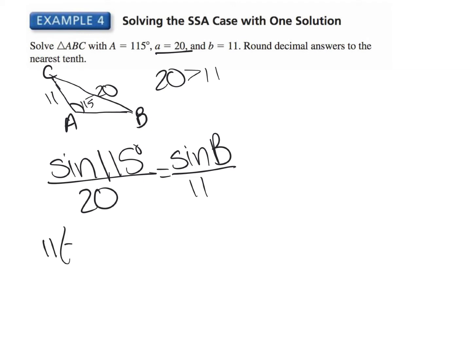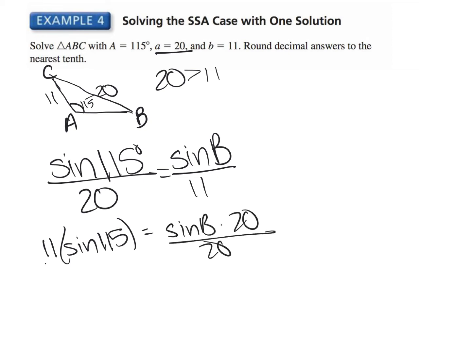That's 11 times sine 115 equals sine B times 20. So we're going to divide by 20. So once you plug it into the calculator, you'll get sine B to equal 0.498-ish. But we need our angle B, not sine B.